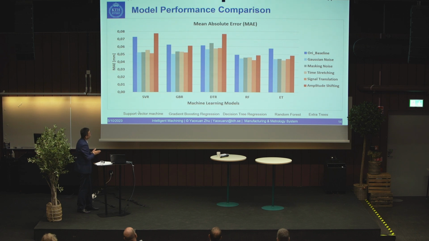The lower the value, the higher the prediction accuracy the model has. Comparing the deep blue bar with each of the other colored bars, the others have a much lower height, which means they can reduce mean absolute error. But besides one case, amplitude shifting in the SVR model and in the decision tree regression model, these 2 are exceptions.